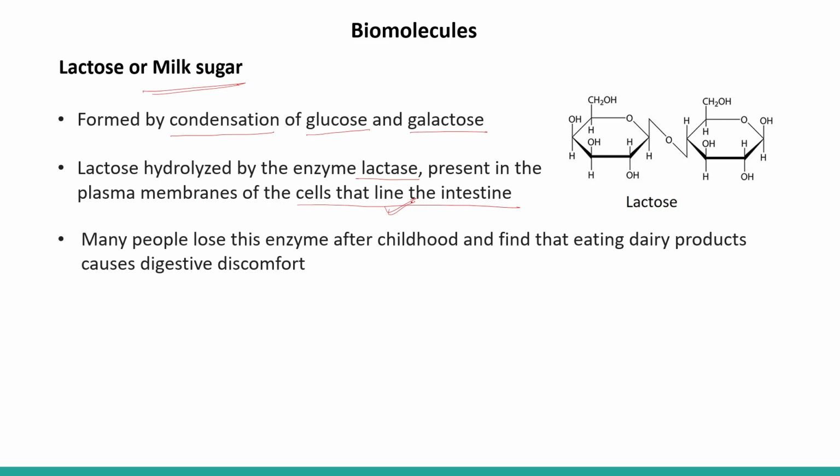So here it gets digested with the help of the enzyme lactase. Many people lose this enzyme after childhood and find that eating dairy products causes discomfort. So they become lactose intolerant because this particular enzyme is not formed after childhood.